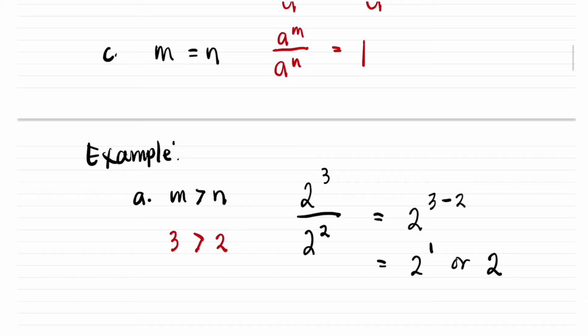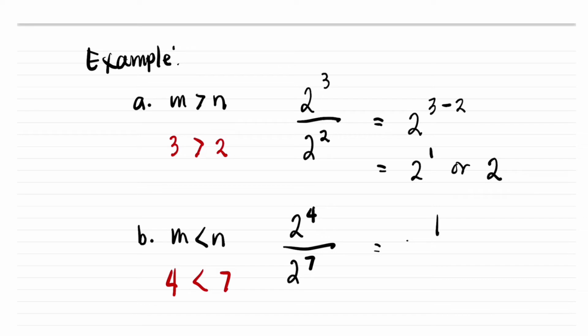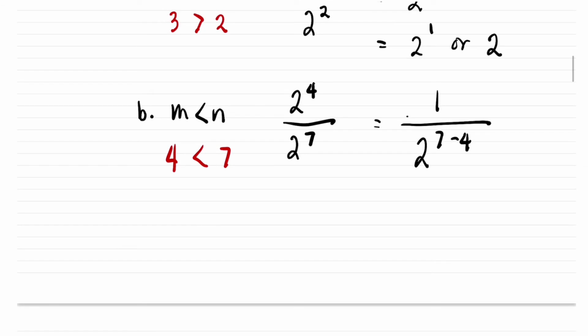Now let's go for the second condition, which is m is lesser than n. What if I have 2 to the power of 4 over 2 to the power of 7? 4 is lesser than 7, so the solution is you copy the base, which is 1 over 2 to the power of 7 minus 4, which equals 1 over 2 to the power of 3.